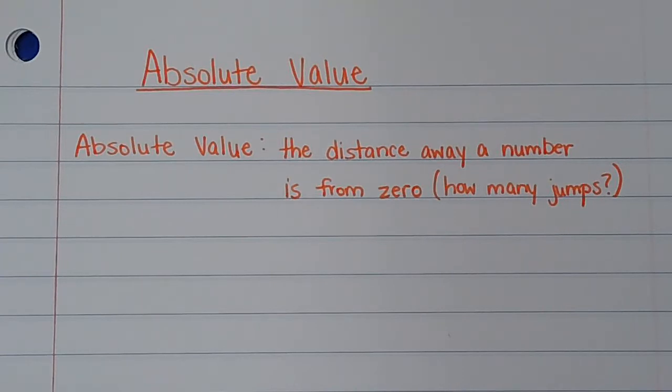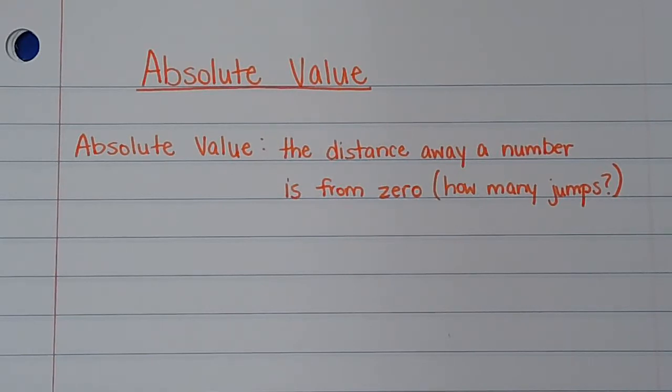You would say 4. Okay. Because if you're standing on 0, it takes me 4 jumps to get to -4. I didn't take -4 jumps because that's not possible. You can't jump a negative number of times. Okay. So the absolute value of -8 would be 8 because it took me 8 jumps to get there.